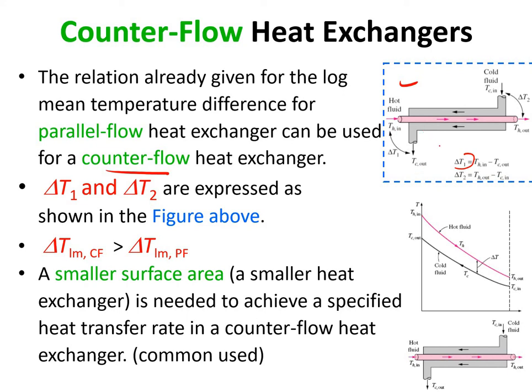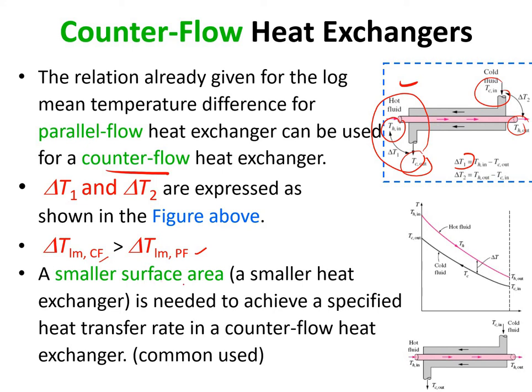Delta T1 is TH in minus TC in, right? For the counter flow, we need to change because the end here is between the hot fluid in and the cold fluid out. So we just need to subtract TH in with TC out. For delta T2, it is TH out with TC in. So basically, the log mean temperature for the counter flow is greater than the log mean temperature for the parallel flow.